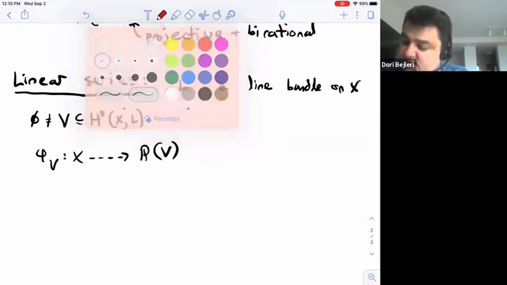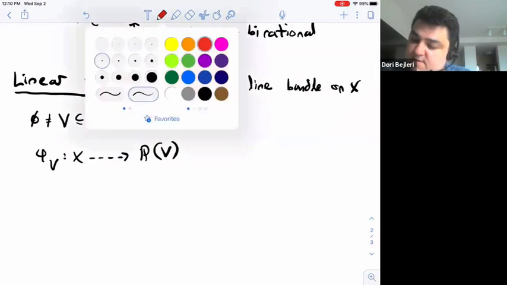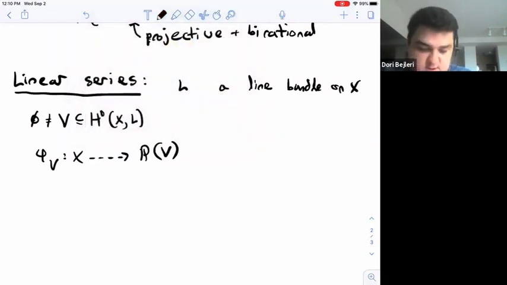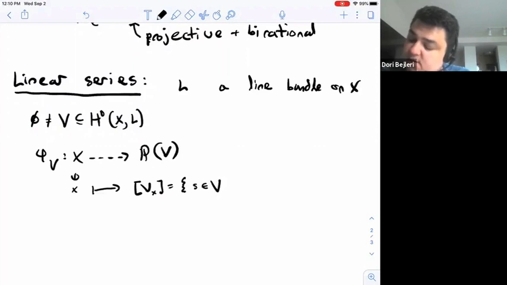There's kind of two ways that you can define this depending on your preference. So maybe the more functorial way is that a point X maps to the class V_x, where V_x is the subspace of sections S in our space of sections such that S of X equals 0.